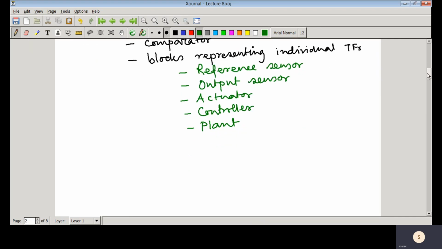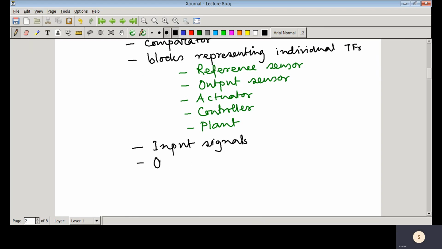And the block diagram comprises of various signals. So the first one is the input signal that actually drives the closed loop control system. So input signals, that is the reference command.